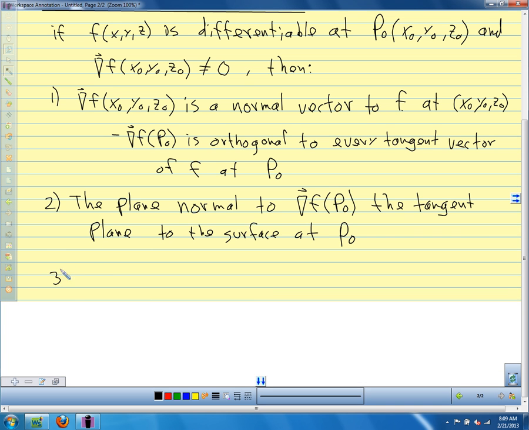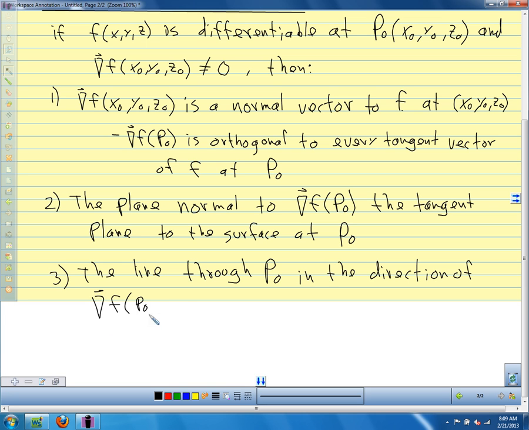And we call the line through our point in the direction of the gradient at that particular point the normal line.